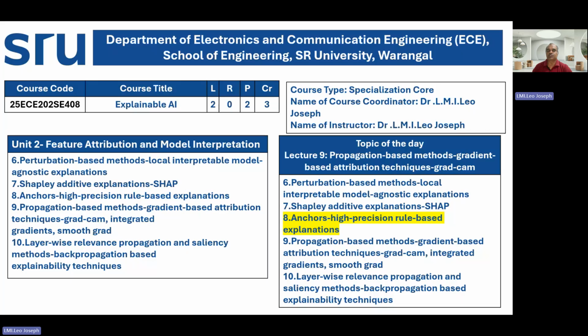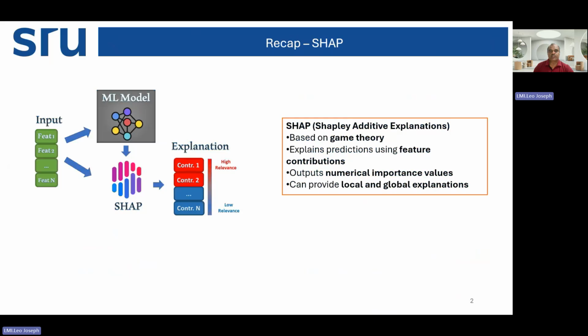These are all the things we are going to learn new in this video series. Now I am just going to recap. The previous topic is SHAP. If you want to learn more, please visit my video on SHAP, so that you can get a better explanation and more impact.